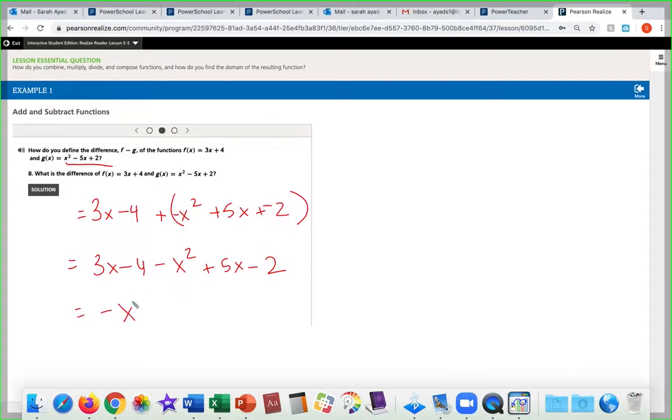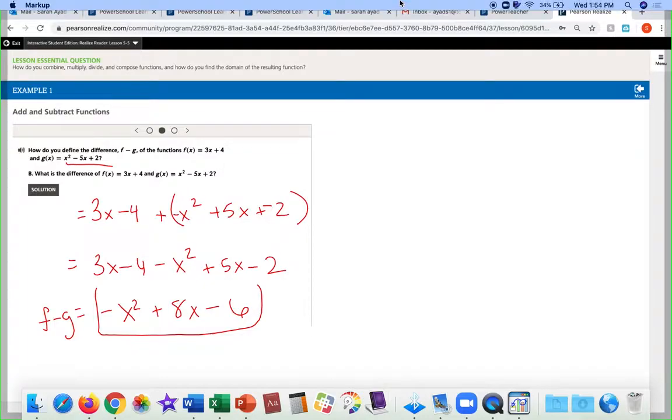So I have negative x squared, 3x plus 5x, 8x, negative 4 minus 2, negative 6. And that is defined as f minus g. So guys, don't forget, when adding, nice and easy, just combine like terms. But when you're subtracting, make sure you subtract the entire function by using parentheses around that function.